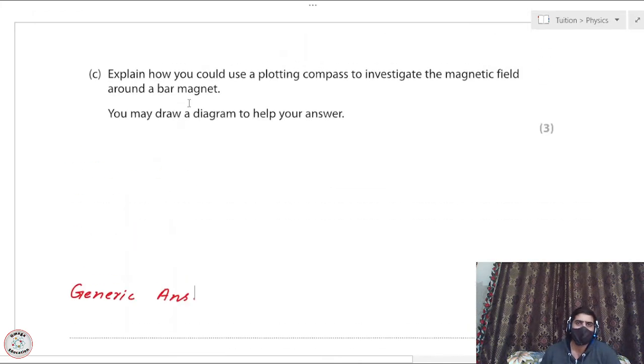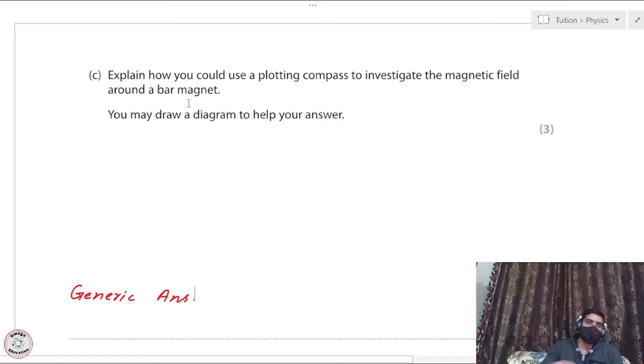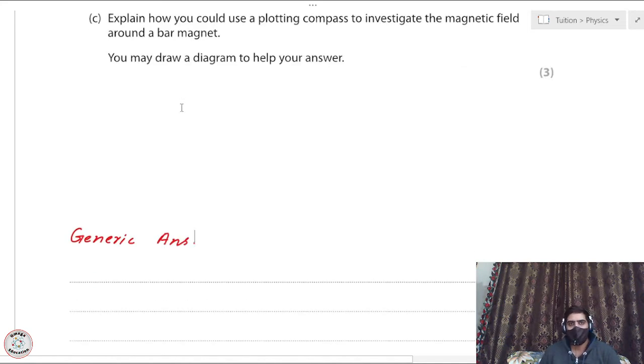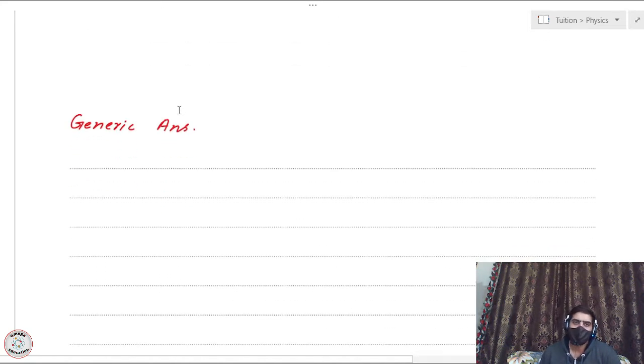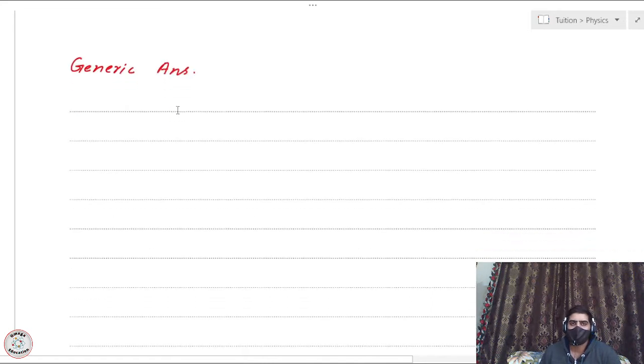First of all, the statement that I'm going to write is a generic one. Whenever you get a question like that, to explain the process of finding the magnetic field pattern around a bar magnet, you can write this answer straight away as it is.